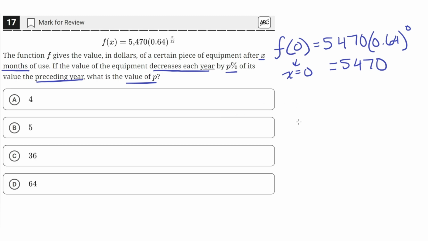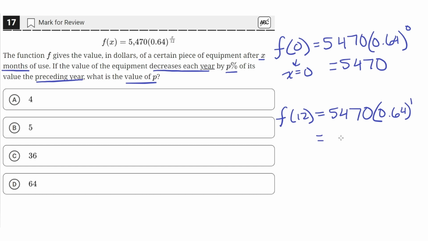Okay, now let's do the next year. So f of 12. So since x is in months, after 12 months, that'll count as finding the value after 1 year. So we'll have 5,470 times 0.64 raised to the first power, because 12 divided by 12 is just 1.